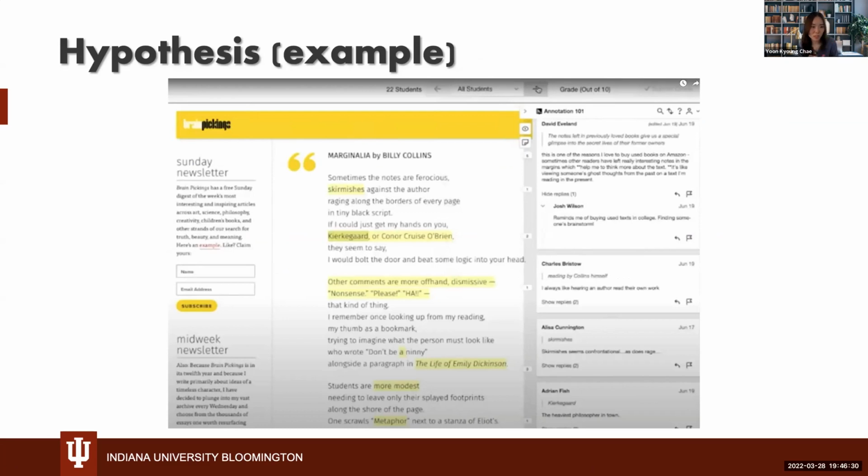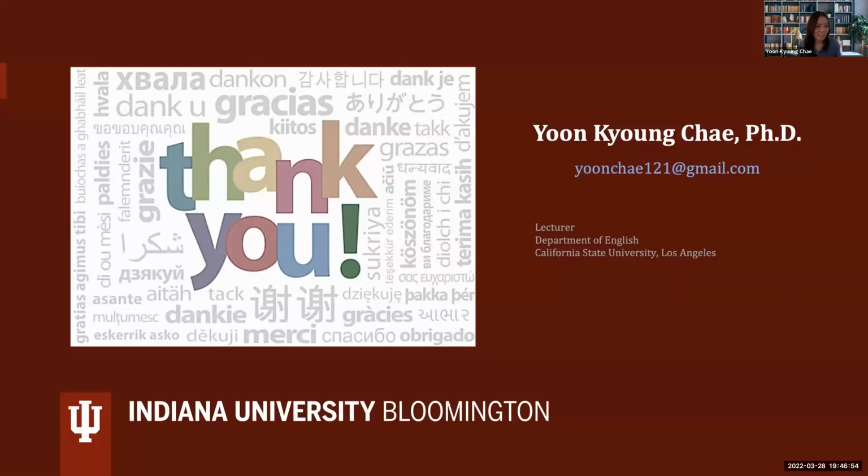Each student group will use this Hypothesis tool to annotate together to analyze the given text for their exam. So that's my plan. I thought it was helpful and interesting to know this tool as one of the annotating tools. Yes, this is it. Thank you very much.